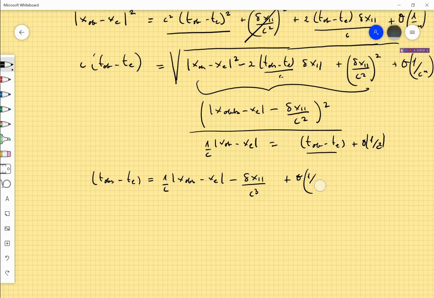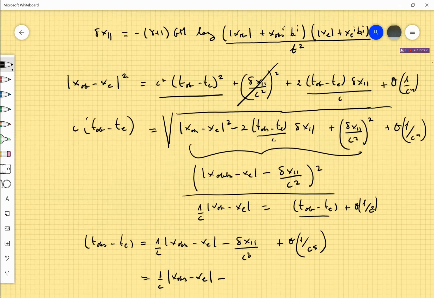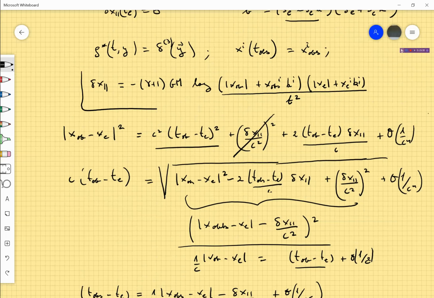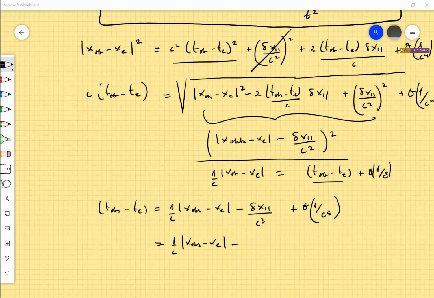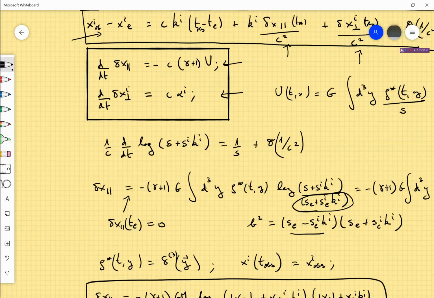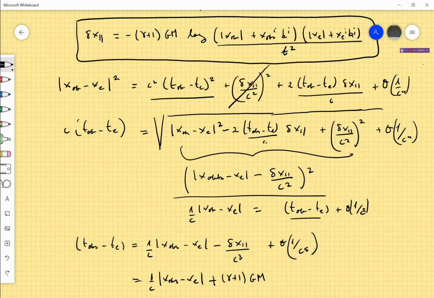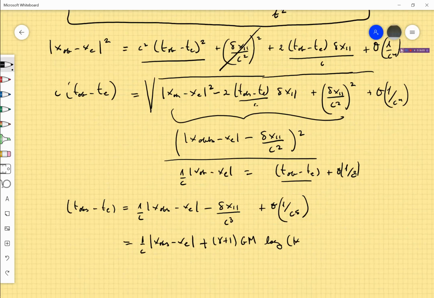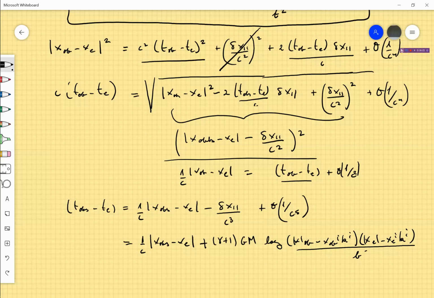So this will be c5, and minus, and this expression that we derived here for delta x parallel had a minus sign, so minus and minus is plus, and then we get gamma plus 1, GM, and this log of x obs minus x obs dot ki, and the same for emission, divided by b squared.